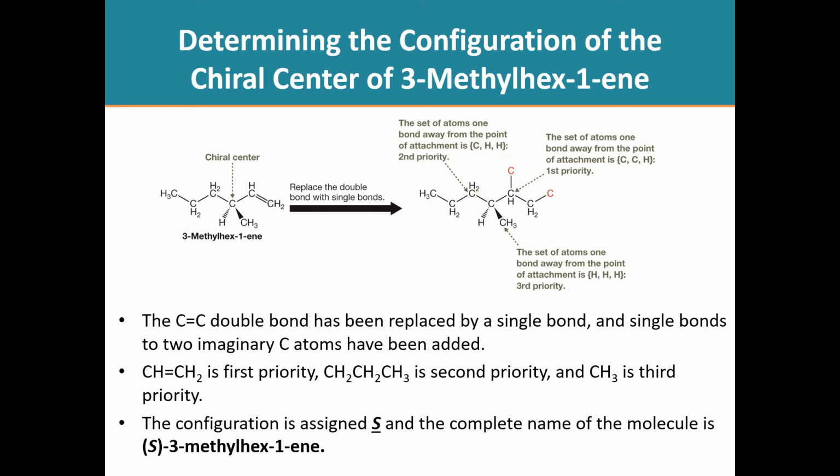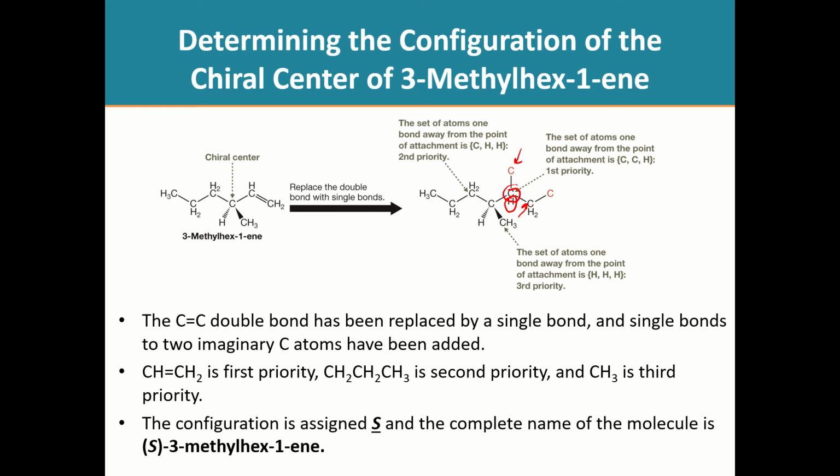Now we just do that for every single carbon. What about this guy? Well, it's only attached to 3 hydrogens. And then this guy. We see that it is attached to this red carbon, a hydrogen, and that carbon. So 2 carbons and a hydrogen.